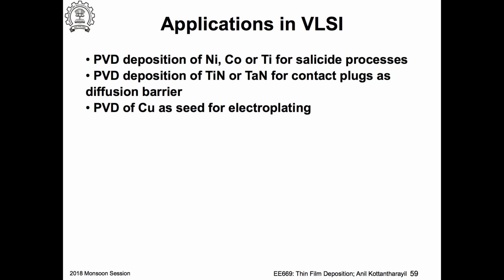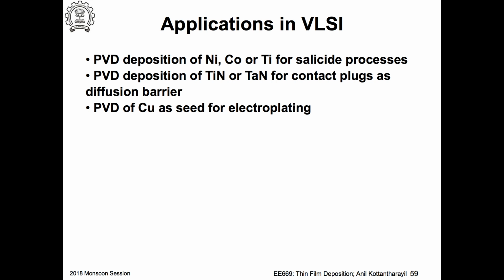So this we will see later on, but it's very simple. So you have a titanium target and you sputter the target using argon and nitrogen. Okay, so the sputtered titanium will actually react with nitrogen, and then you get a titanium nitride film. And a similar thing for tantalum nitride.